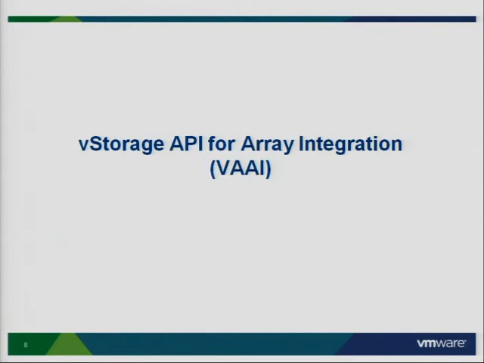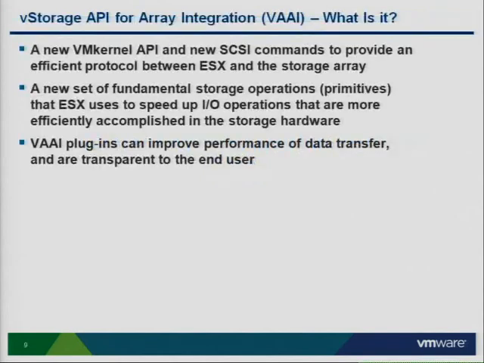The result is that I/O operations are much more efficiently accomplished by the storage array firmware. In addition, the other advantage is significantly less or no usage of the bandwidth on the ISLs. So what is VAI? It is simply a VMkernel API and a set of proprietary or proposed SCSI commands between ESX and the storage array. And you will need to upgrade the storage array firmware to have this new protocol support.